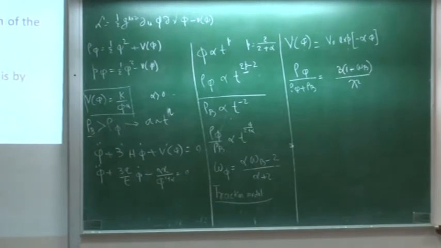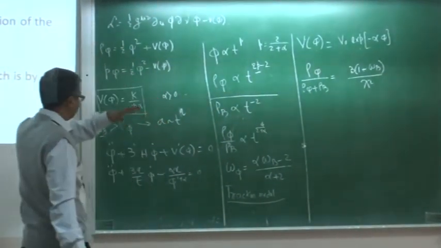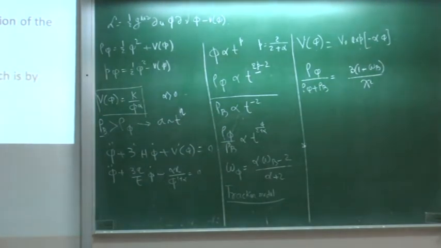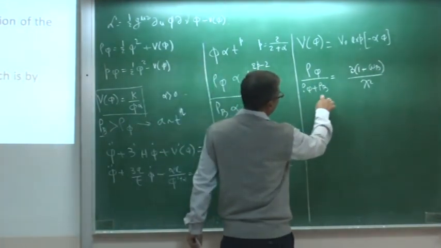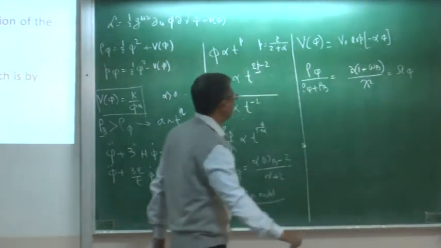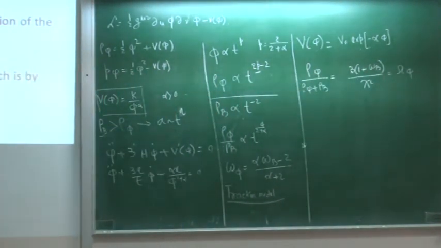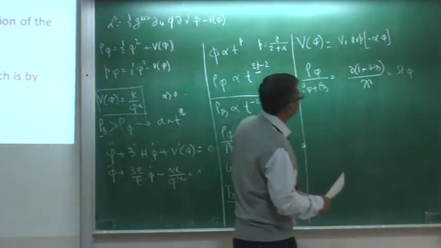You can get an exponential potential for the energy density. So this is your omega phi, because it is rho phi by the total rho, which is the rho critical. So what we have here is that your omega phi is always a constant. So you have a constant part of the energy in the scalar field. The ratio is just a constant.